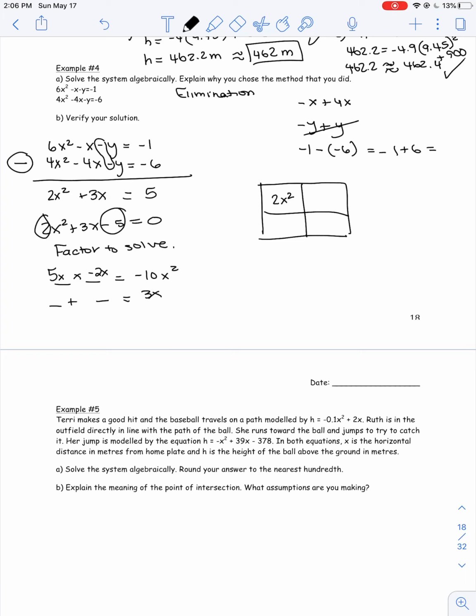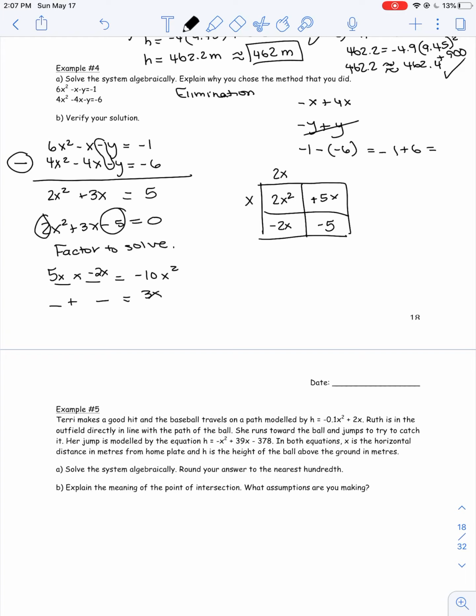I'm going to write 2x squared, the first term, in the top left box, and the constant in the bottom right box. And the two numbers I found, positive 5x and negative 2x, in the other boxes. Two numbers that multiply to 2x squared would be 2x and x.